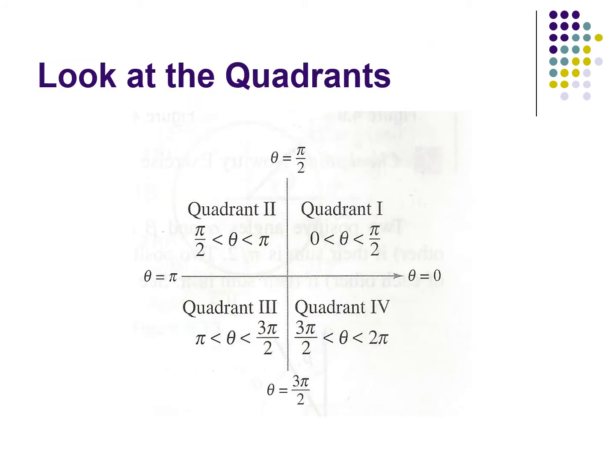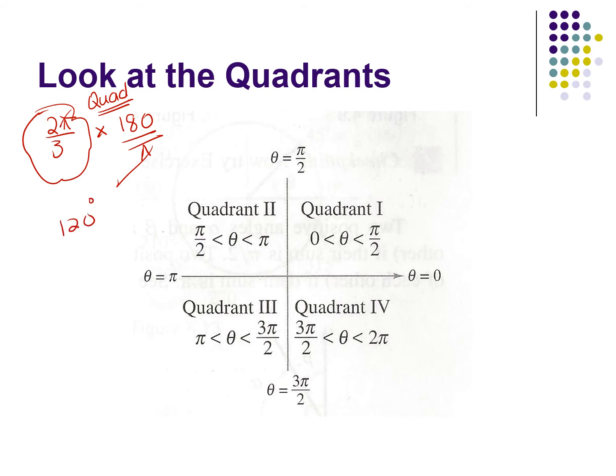Now let's understand one more thing. If they ask you to determine the quadrant of 2 pi by 3, one way is to convert it into degrees, which means multiplying by 180 over pi. Pi and pi cancel, it gives you 6 times 12, which is 120 degrees.